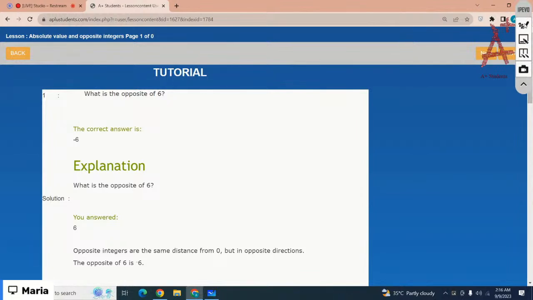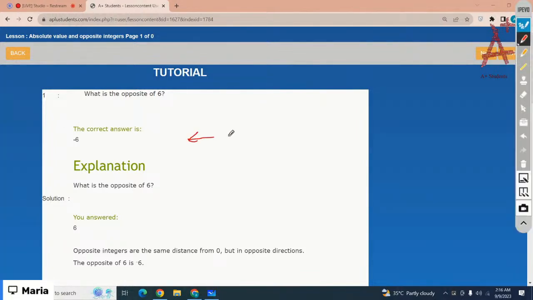Here you are on the number line, right? Here you have 0, here you have negative 6. So the opposite would be on the other side of the 0, exactly the same distance. So it would be 6. The distance you covered from here to here is exactly the same distance from here to here. So the opposite value of 6 is negative 6, and for negative 6 it is 6, right?